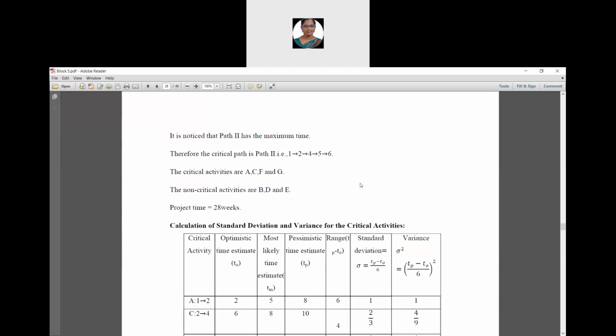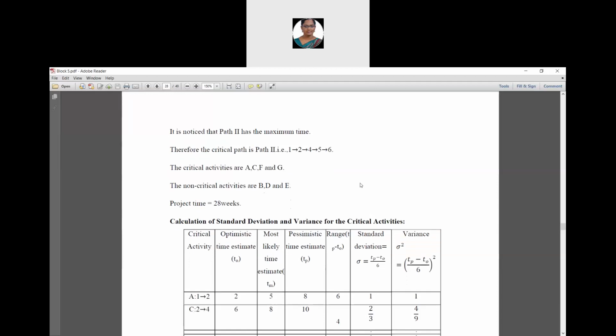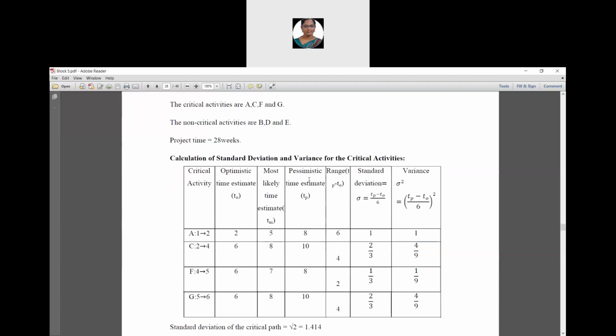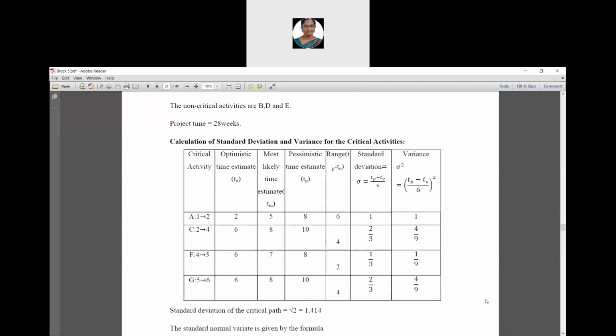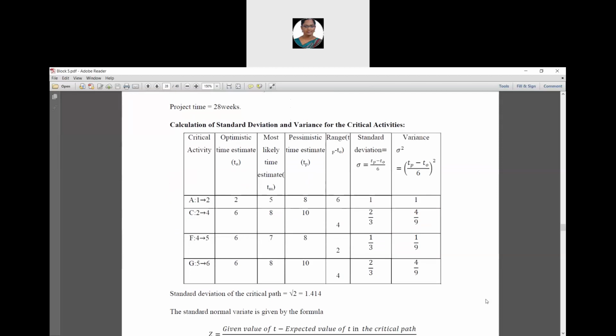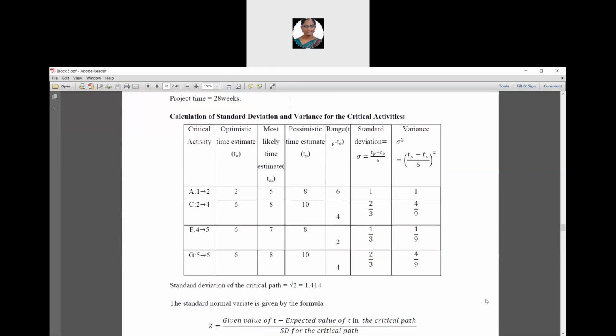The critical activities are A, C, F, and G. The non-critical activities are B, D, and E. Likewise, the project time is 28 weeks.